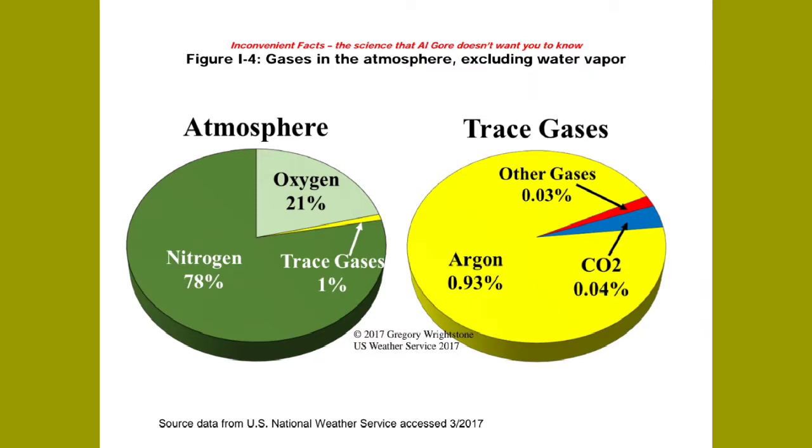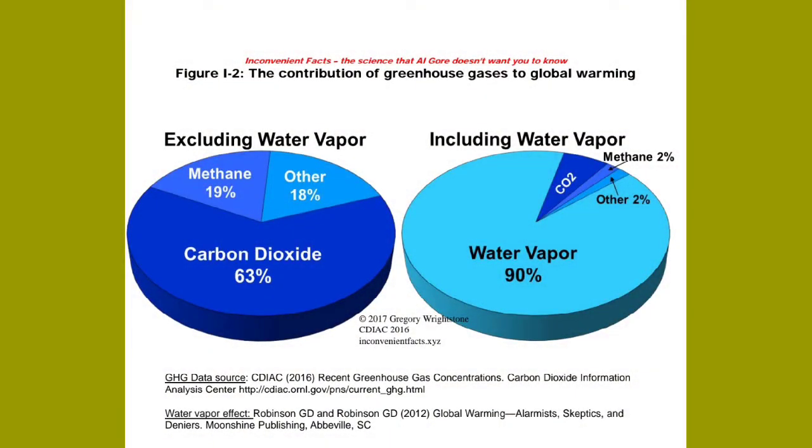So just to give you a basic idea of what we're talking about. Now, if you include water vapor, which is 90% of these smaller gases that are not nitrogen and oxygen, you'll see again that water vapor is the largest by a very long stretch of these gases that trap heat.